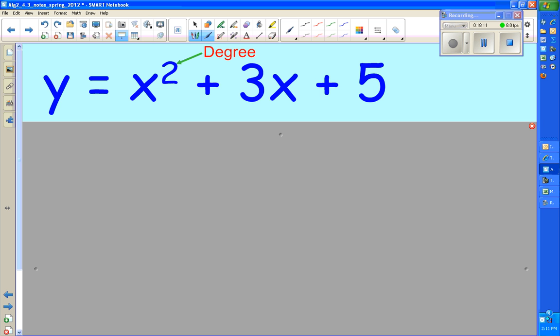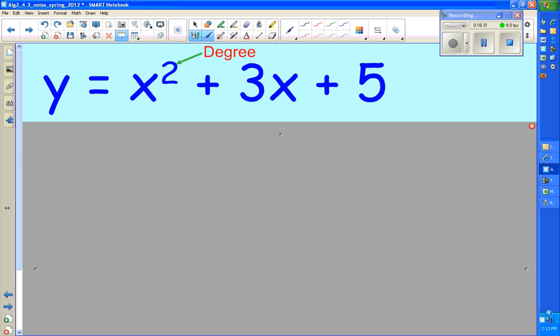Remember, this is a degree 2. Does anyone recall what I told you about the degree and what it tells you? How many factors? How many roots there are going to be for x-intercepts. This is a quadratic. There's 2 x-intercepts, potentially.